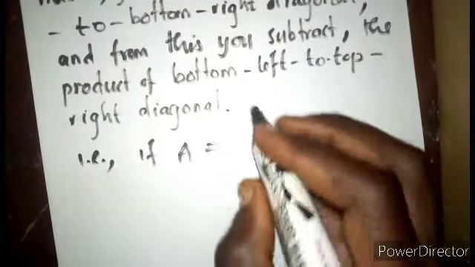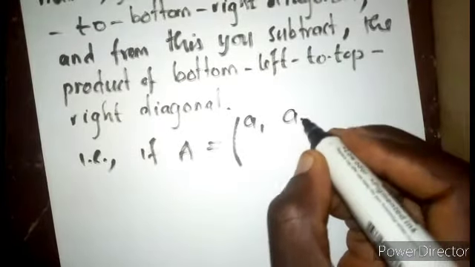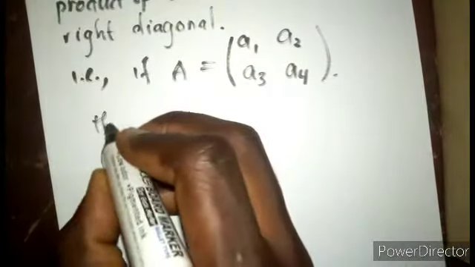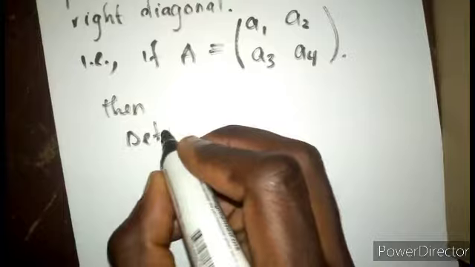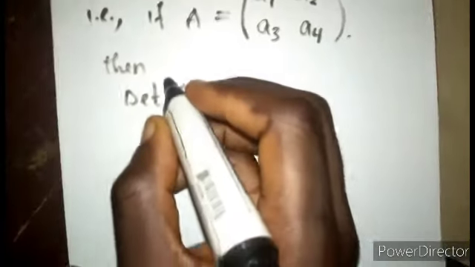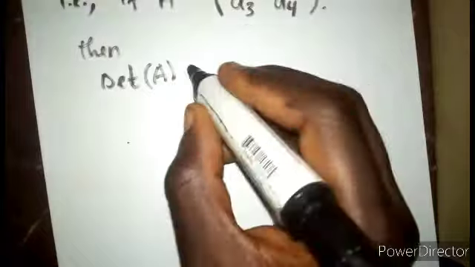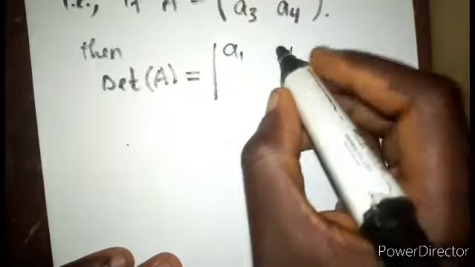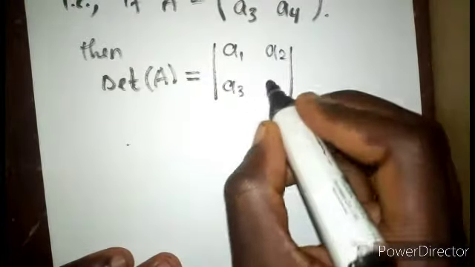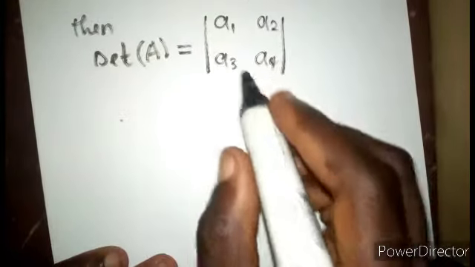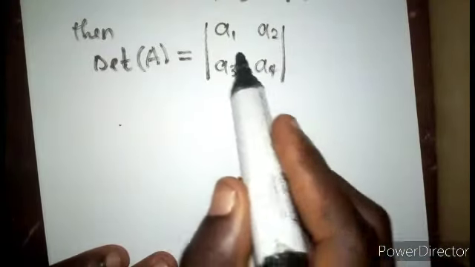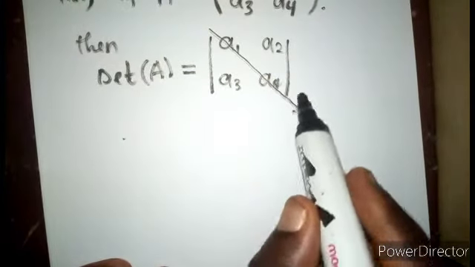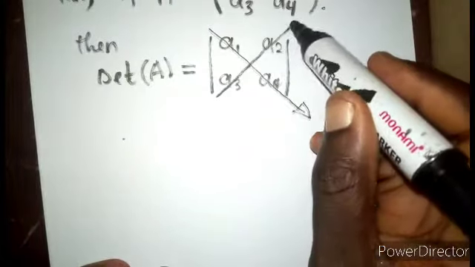What are we saying? If A is a matrix with entries A1, A2, A3, A4, then the determinant of the matrix A is simply what? By the definition we saw, we multiply from the top like this, and then we subtract from this product.